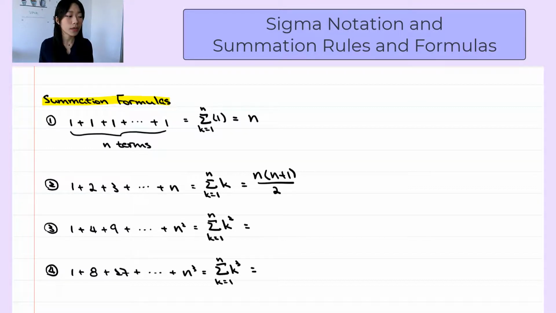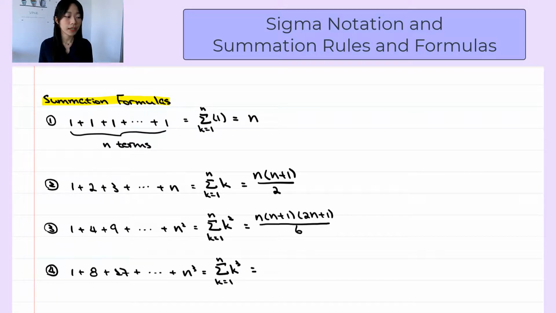Then the third formula, when you have 1 plus 2 squared plus 3 squared, until when you get to plus n squared. In sigma notation, it's the sum of k squared when k starts from 1 until n. And this equals to n times n plus 1 times 2n plus 1 over 6.